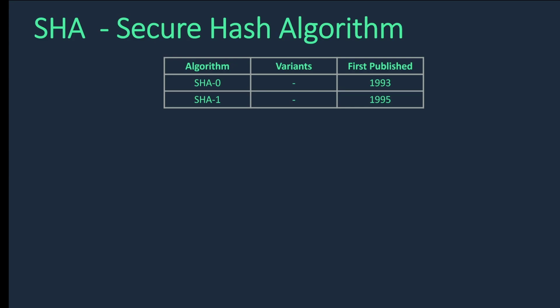We had SHA-0 and SHA-1, which came out in 1993 and 1995 respectively. Both of these algorithms, keep in mind, should not be used in practice anymore. They might still have educational and historical importance, but in practice they shouldn't be used because they're considered broken.